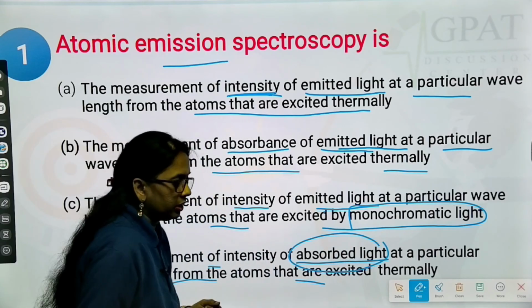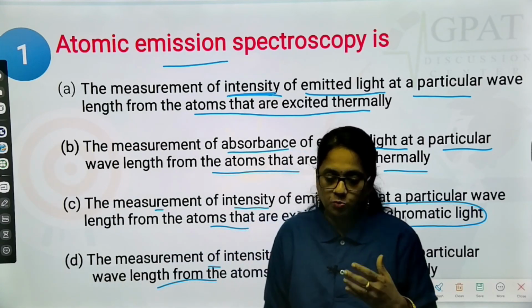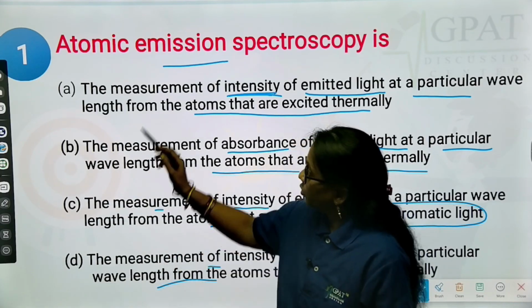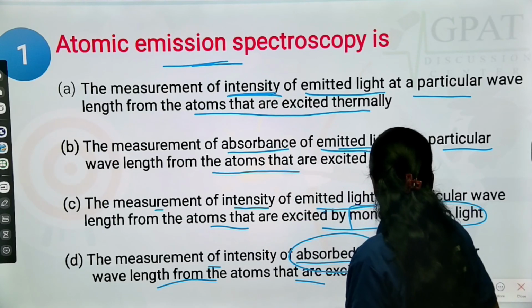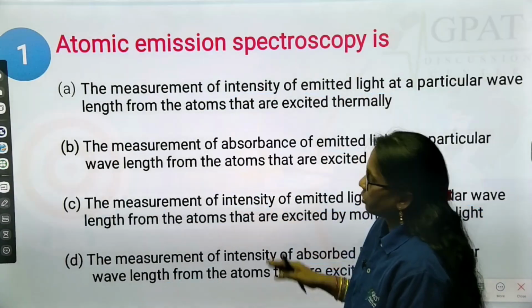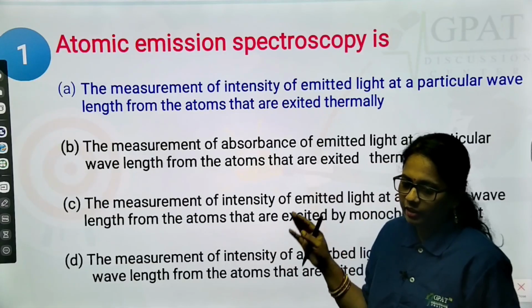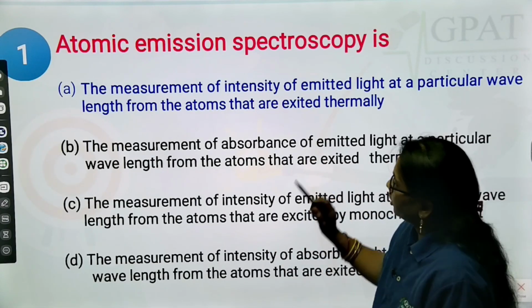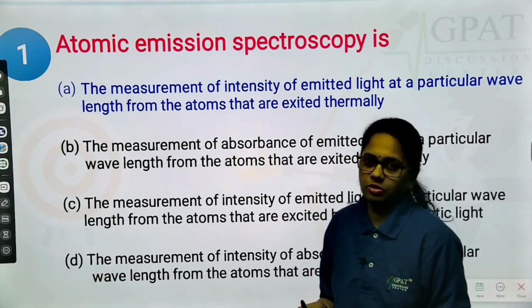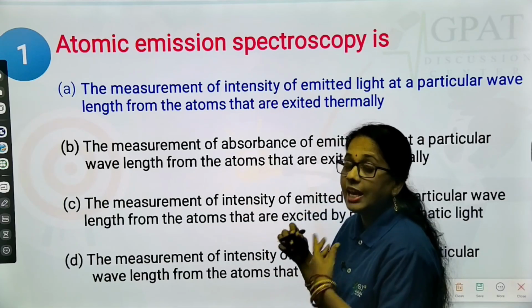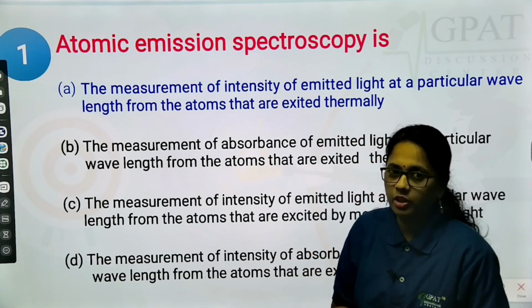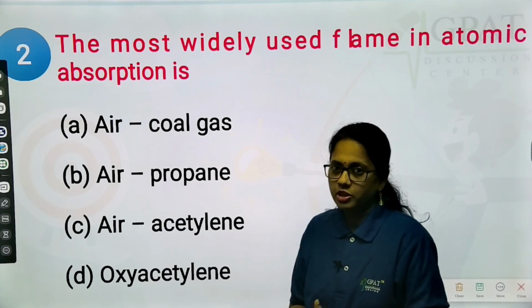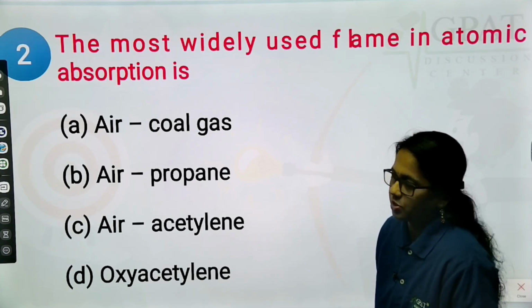Absorbed light means atomic absorption spectroscopy, but here the question asked is atomic emission spectroscopy. So obviously the correct option is the first one, the measurement of intensity of the emitted light. In emission spectroscopy, we measure the intensity of the emitted light, where thermal excitation is given to the atoms.